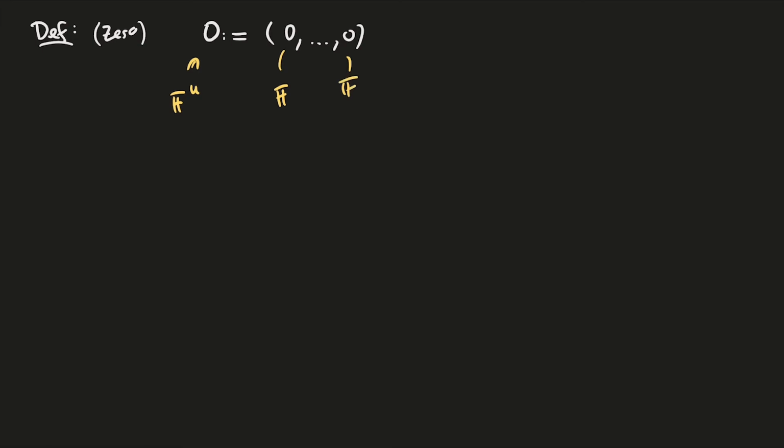To see that this is indeed the neutral element with respect to addition in Fn, we can take a general element of Fn, so something like x1, x2, up to xn, and add it to the 0 element. So this contains n entries, which are all 0. And now by the definition of addition, this is just x1 plus 0, and so on up to xn plus 0.